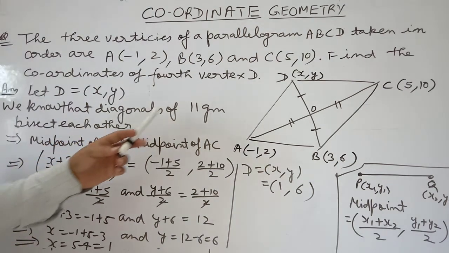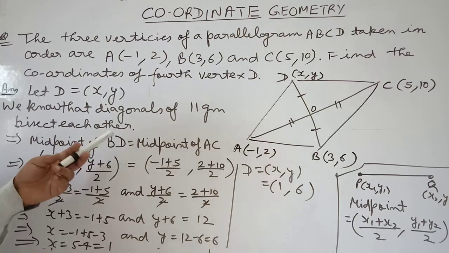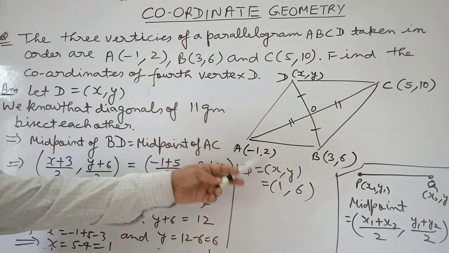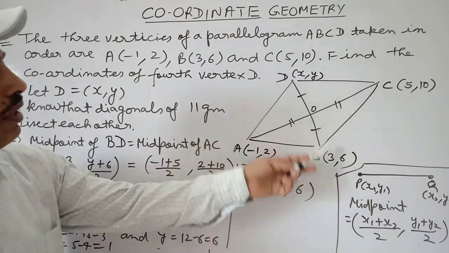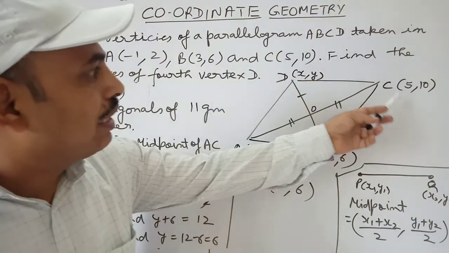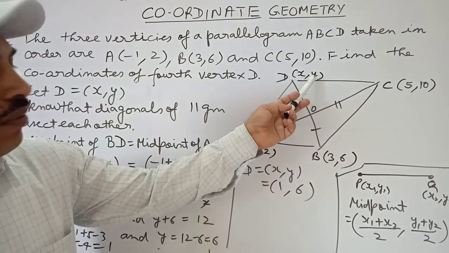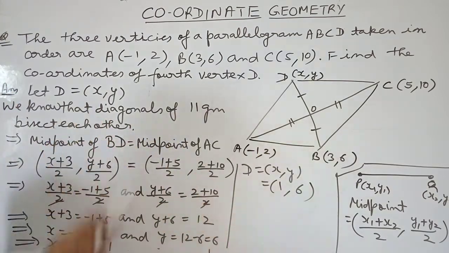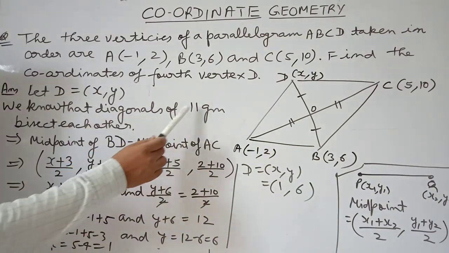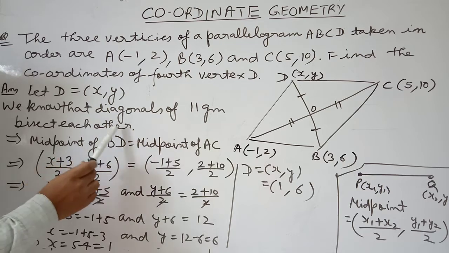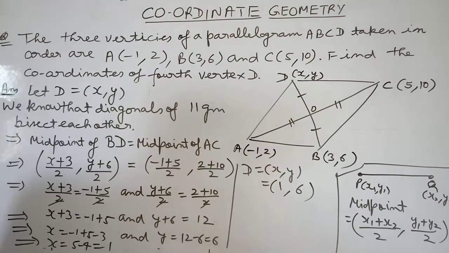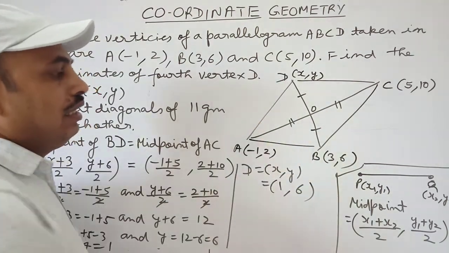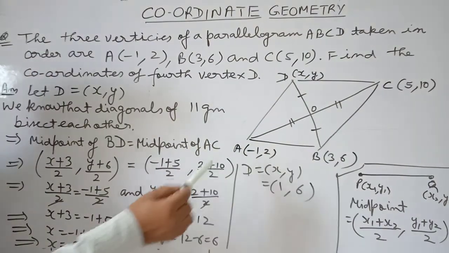We know that diagonals of parallelogram bisect each other. A is -1, 2, B is 3, 6, C is 5, 10, D is x comma y. Suppose let D x comma y. Since diagonals of parallelogram bisect each other, midpoint of BD equal to midpoint of AC.